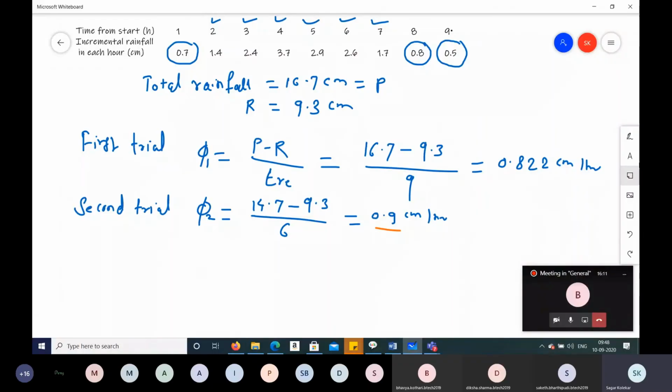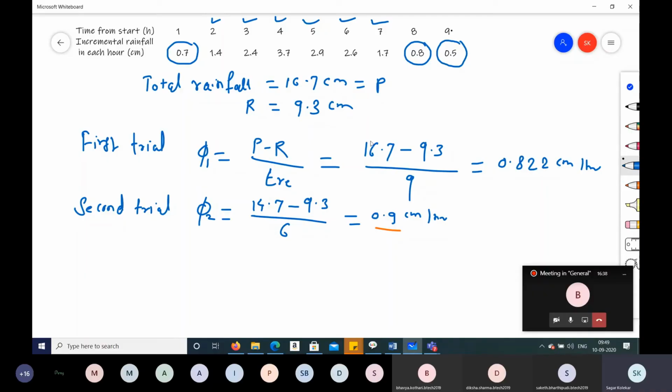Here we have this table. Initially we had 0.822, now we got 0.9 centimeter per hour. We have already excluded these 3 hours, and we will check with the others.